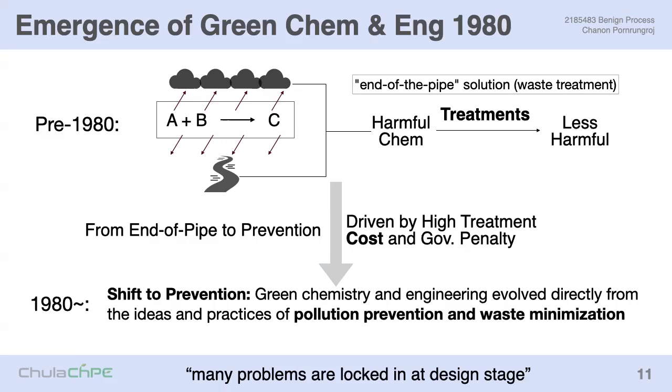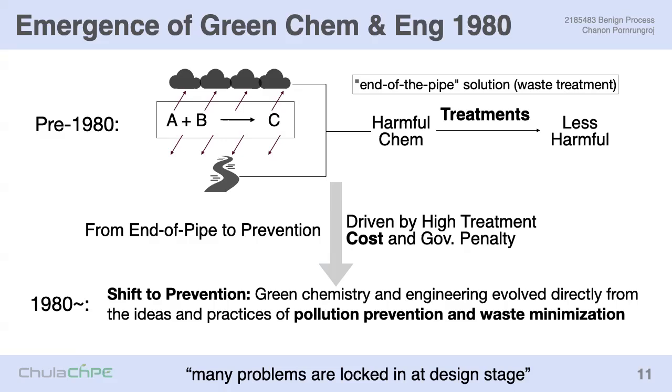These harmful chemicals are then treated into less harmful chemicals and released to the environment. And I call this thinking the end of pipe solution, meaning that we treat it after the fact, after it is created.